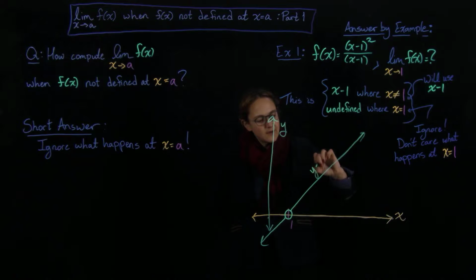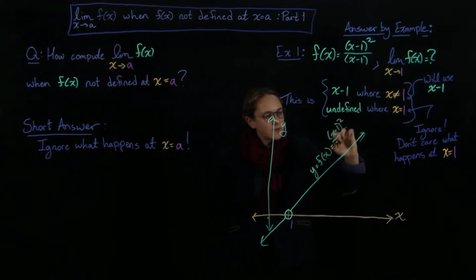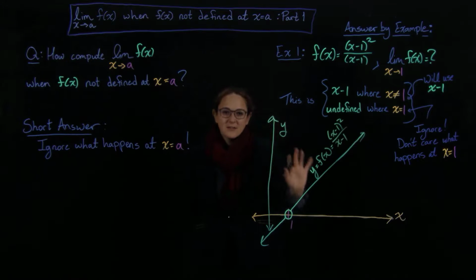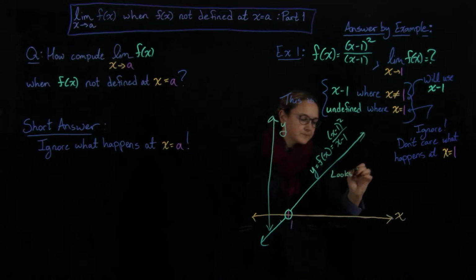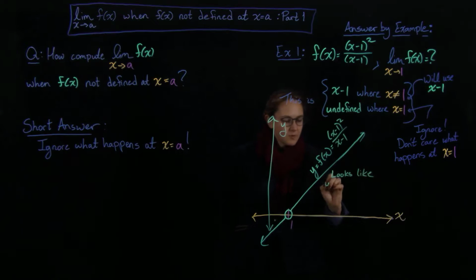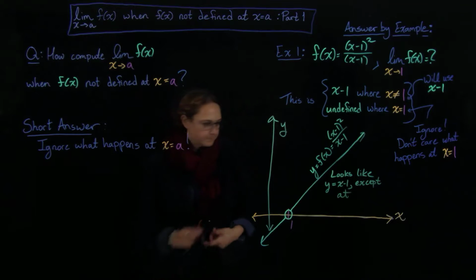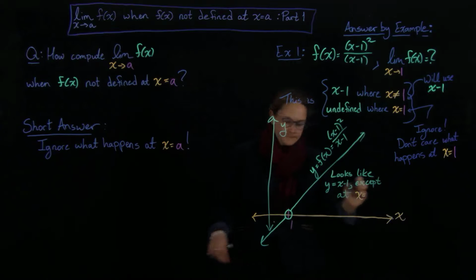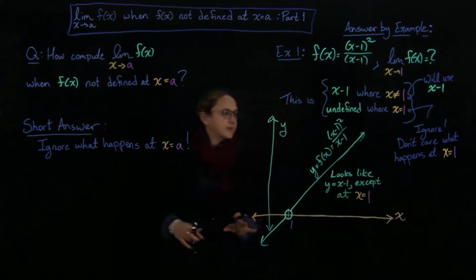So this is the graph of y equals f of x equals x minus 1 squared over x minus 1, and this looks like y equals x minus 1, except at this important x equals 1. That tells me what I need to know. So what is my answer?